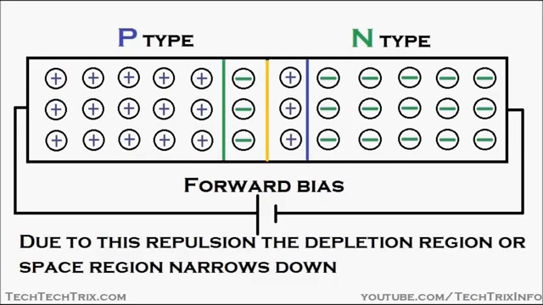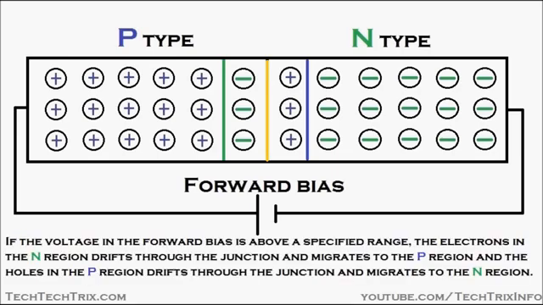You can see the junction is shrinking there. Due to this repulsion, the depletion region or the space charge region narrows down, as you can see in the animation. If the voltage in the forward bias is above a specified range, the electrons in the N region drift through the junction and migrate to the P region, and the holes in the P region drift through the junction and migrate towards the N region, like this.